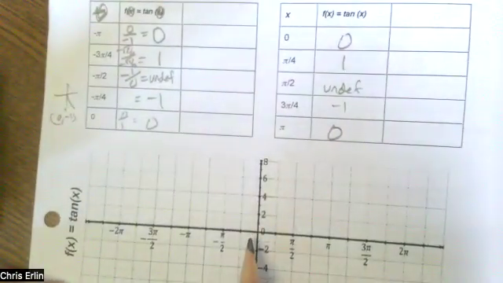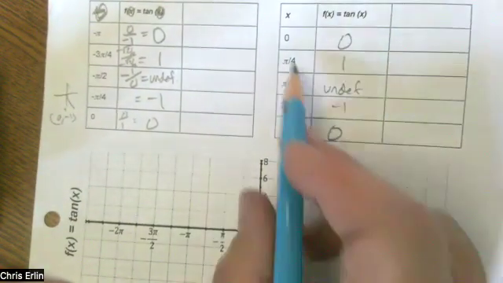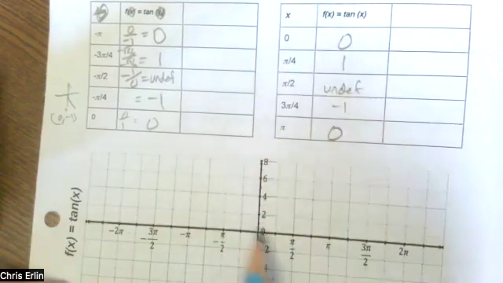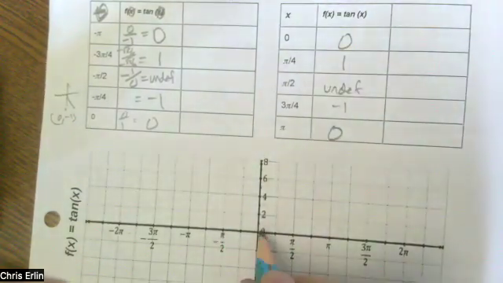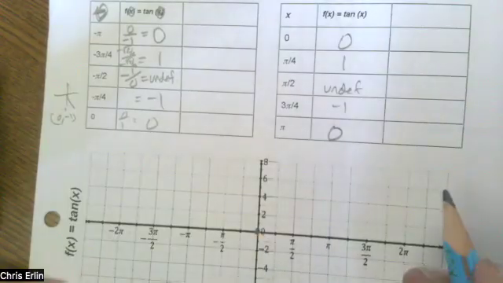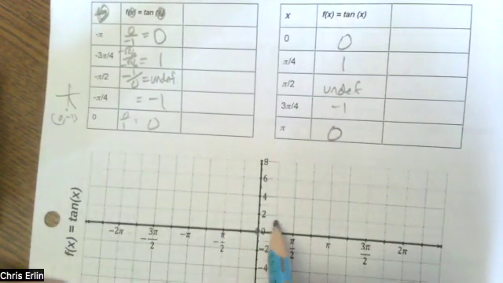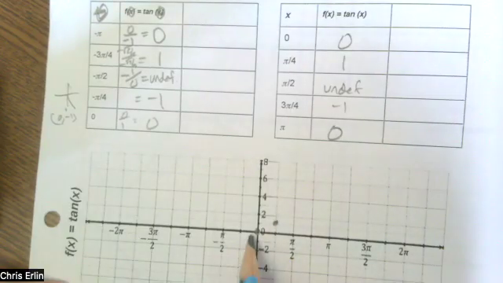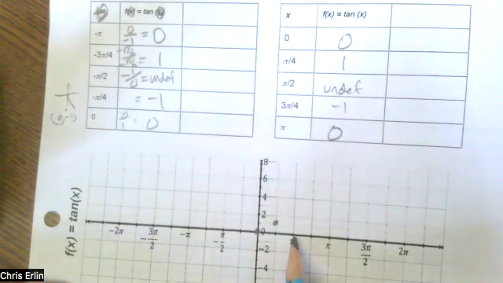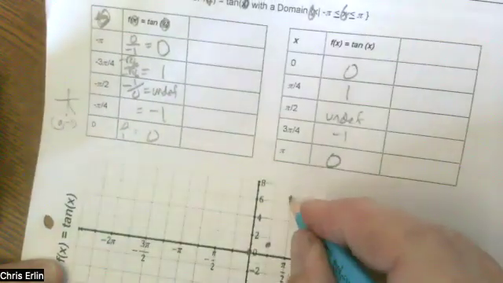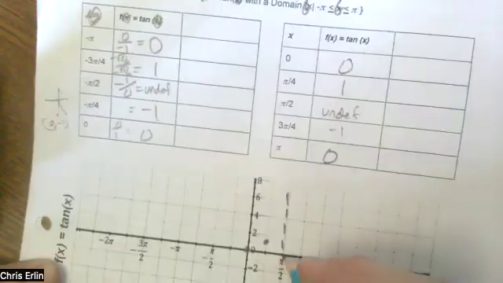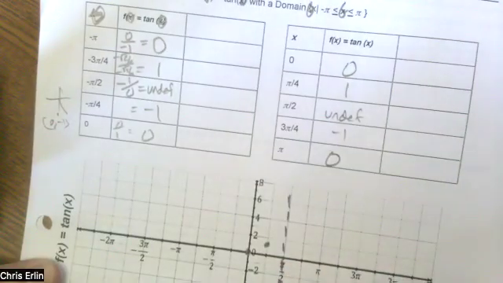Now let's graph that. What this says is when I plot in a 0 on my x-axis, I'm at 0. No problem. When I go to pi over 4, I'm up at 1. When I go to pi over 2, it's undefined. How do I graph undefined? Good. It can never achieve this value. It's undefined. So I graph that like an asymptote.